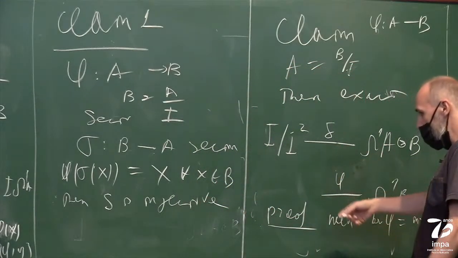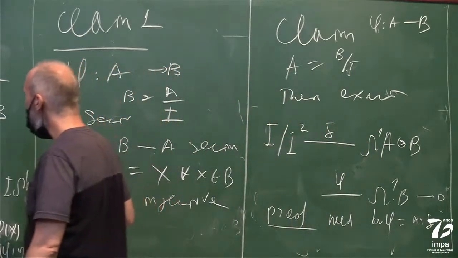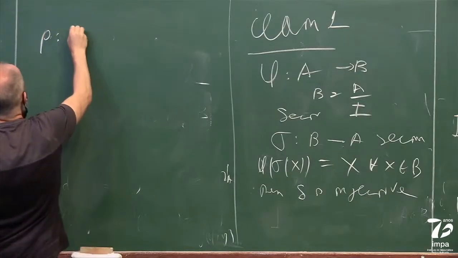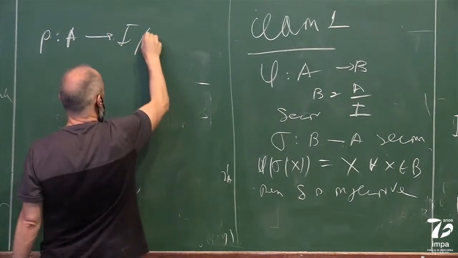This is what we need to show. Okay, so let's prove it. I will just use the inverse property to invert this map δ. For that, I will first take a map ρ from A to the ideal I quotient by I squared.